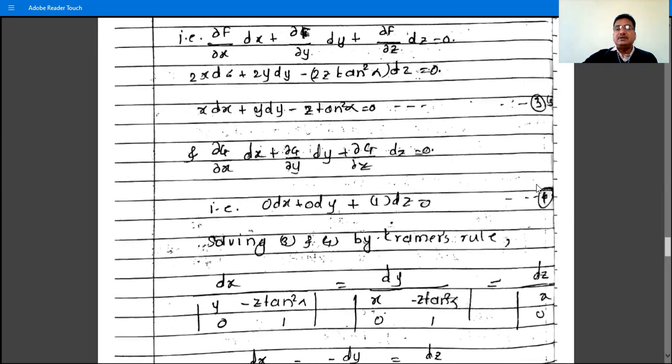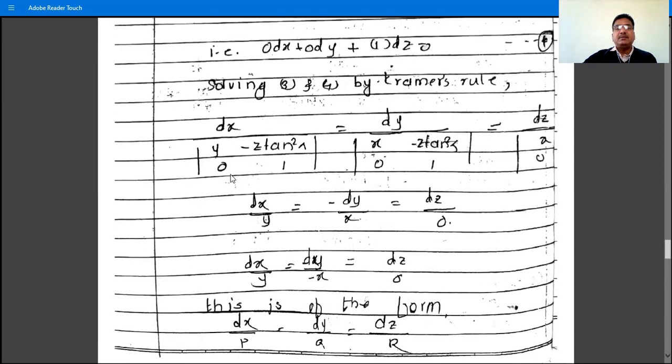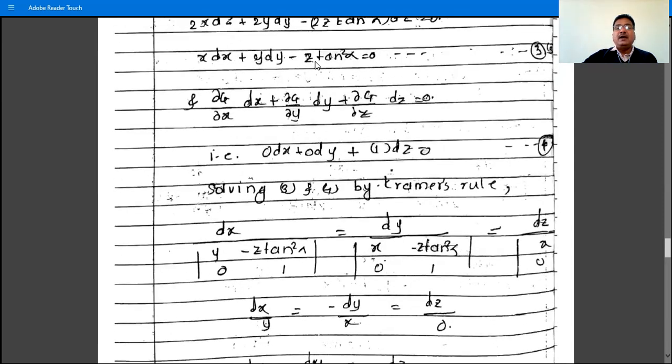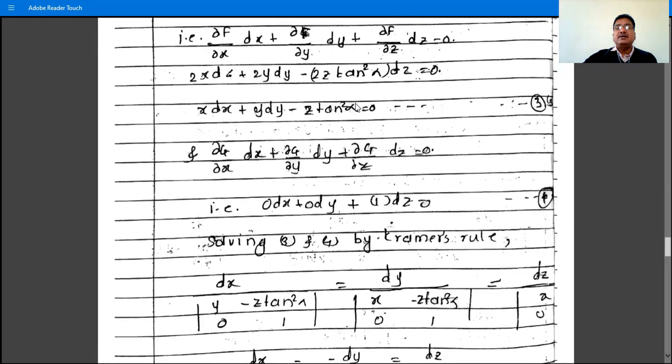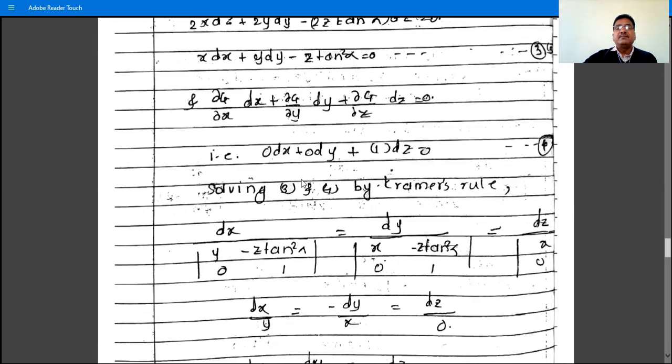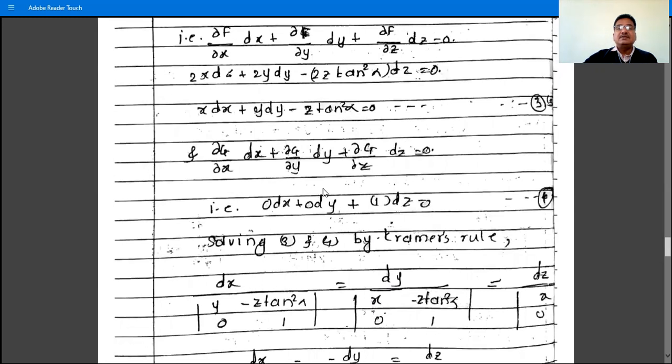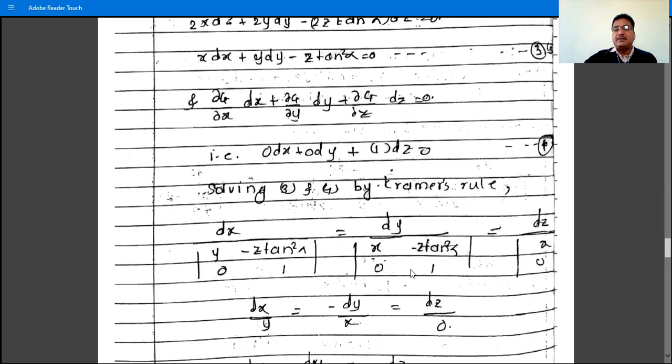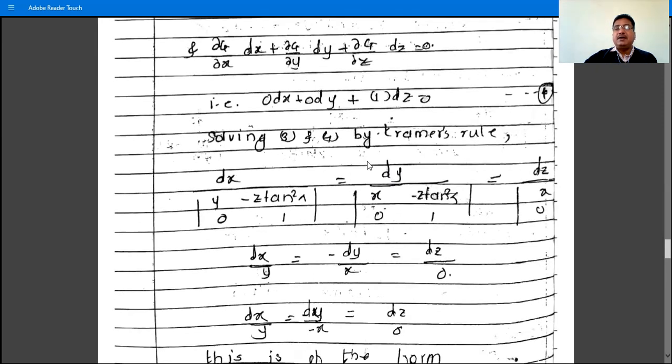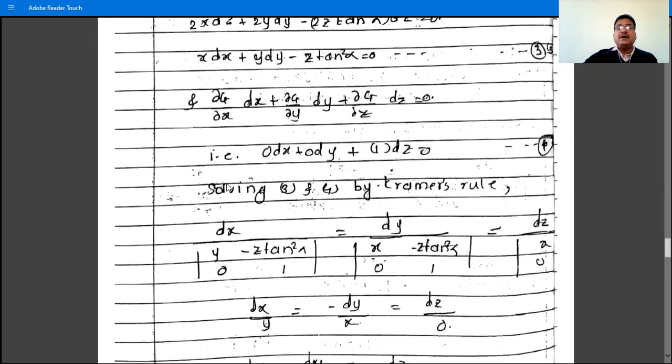And solving equation number 3 and 4 by using Cramer's rule, what do we have: dx divided by the determinant with first row y, minus z tan square alpha, and second row 0, 1, and minus dy divided by the determinant with first row x, minus z tan square alpha, and second row 0, 1, and then dz divided by the determinant with rows x, y and 0, 0.